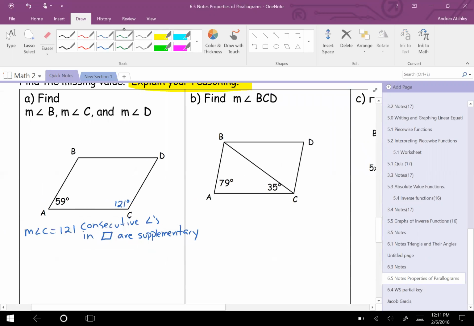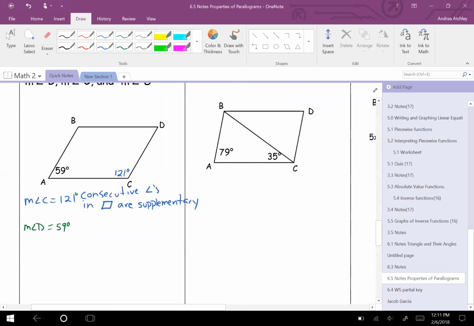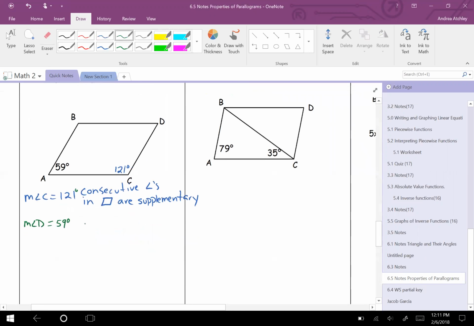And then let's see another angle. Ethan Olson, what's another angle? 59. Which angle is that? Okay, the measure of angle D is 59 degrees. And why? Because opposite angles are congruent. Very good.